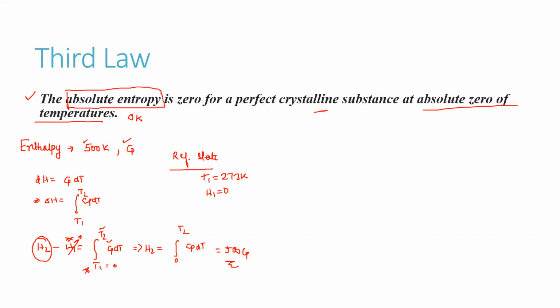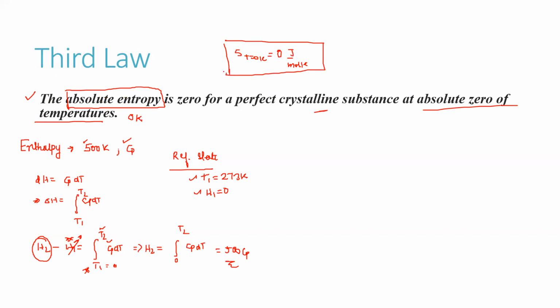And absolute entropy means entropy at a particular temperature. Like over here, this is absolute enthalpy at 273 Kelvin, right? Similarly, this is going to be absolute entropy at, let's say, 0 Kelvin. So the absolute entropy at T equals 0 Kelvin is going to be 0 joule per mole Kelvin, right? It's going to be 0.